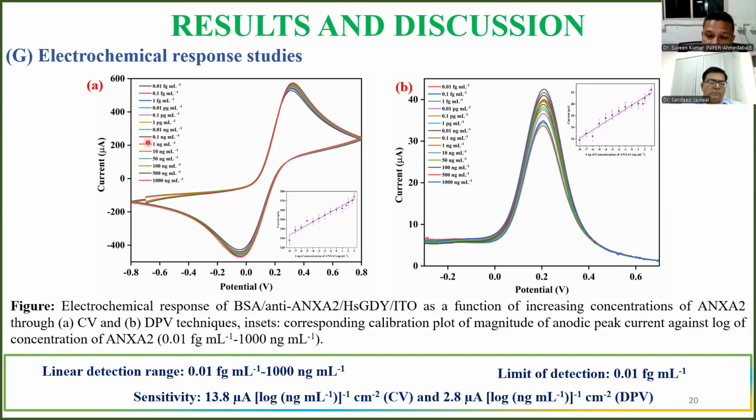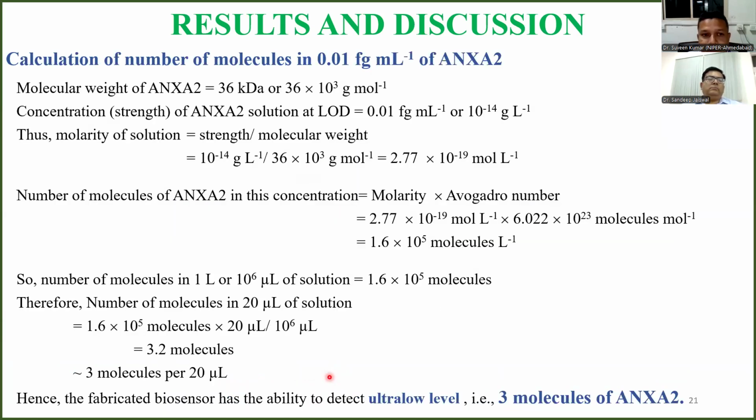The sensitivity for cyclic voltammetry is about 13.8 microampere per log nanogram per ml per centimeter square, but for DPV the sensitivity is decreased, about 2.8 microampere. So this is the basic difference, but both show a linear detection range to detect the annexin A2 biomarker.